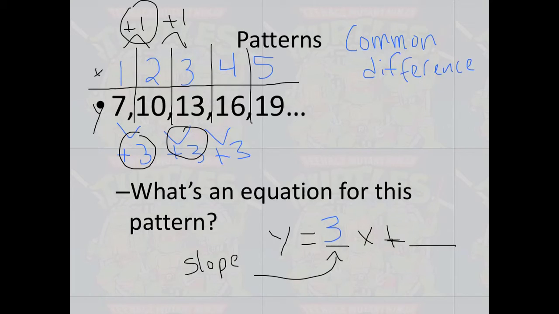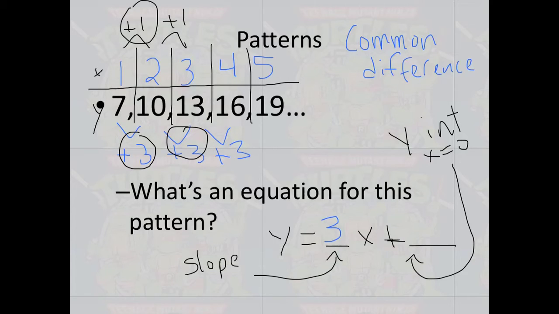That something stands for the y-intercept. The y-intercept is where the line, where this pattern, if it were graphed, would cross the y-axis. And the y-intercept, in this case, can be found when x equals 0.